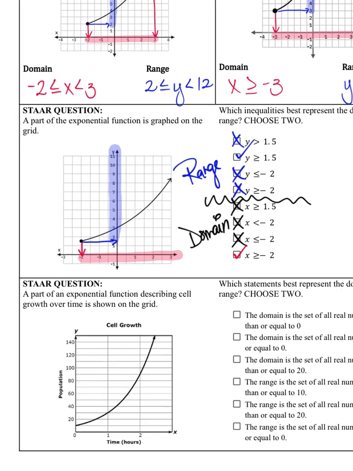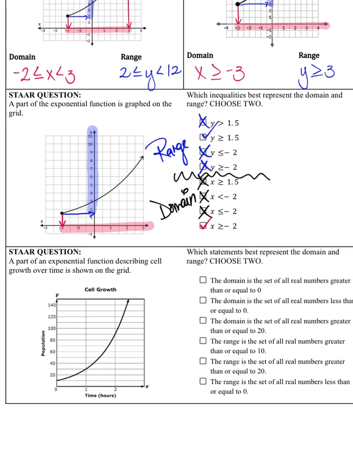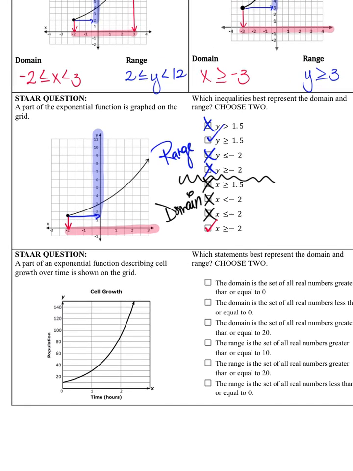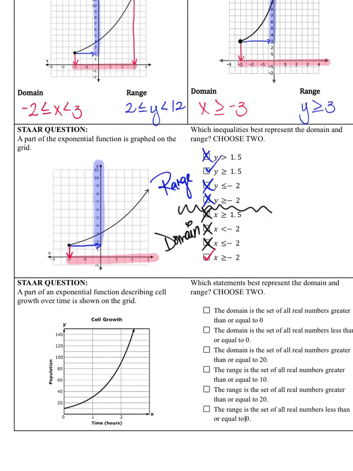One last question before I let you do all of the rest on your own. It says a part of the exponential function describing cell growth over time is shown on the grid. Which two statements best represent your domain and range? I am going to separate them like I did the last time.